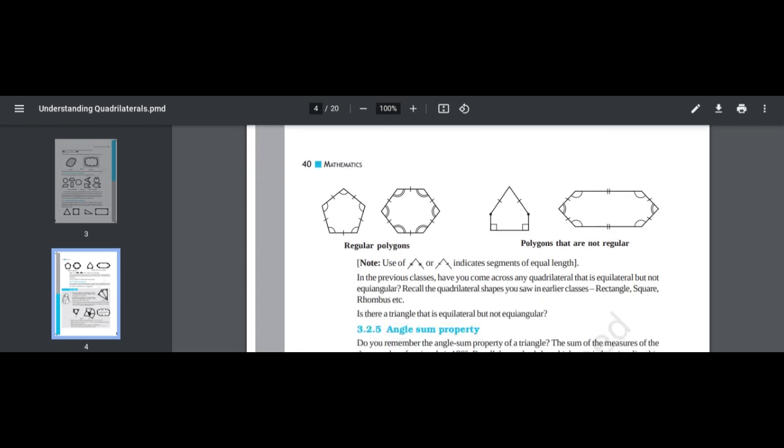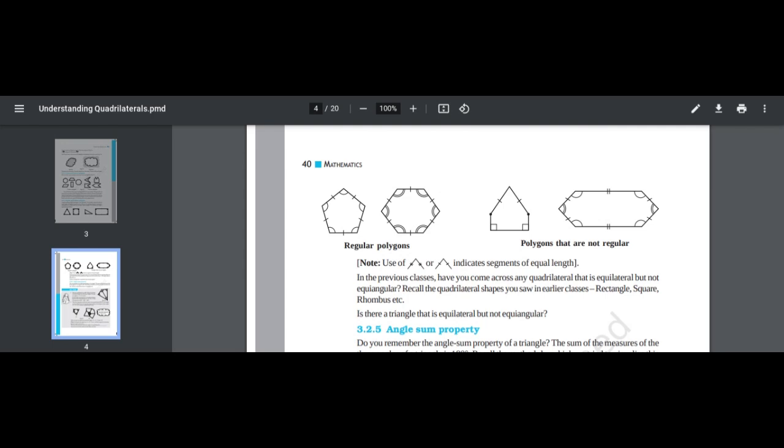Is there a triangle that is equilateral? Now this is the question. Is there a triangle that is equilateral but not equiangular? Why is a triangle equilateral but not equiangular? They are asking a question: is there any triangle that is equilateral but not equiangular?